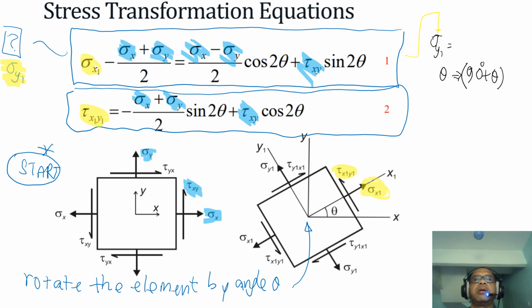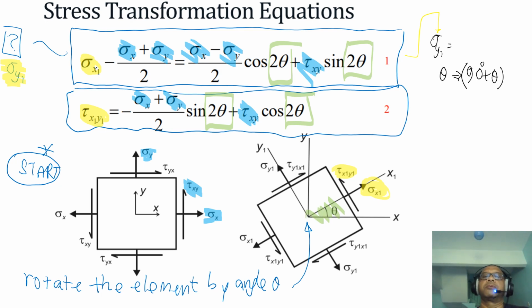So what happened here is that, as you can see, as we rotate everything by the angle theta, it will now give you the influence of the angle.